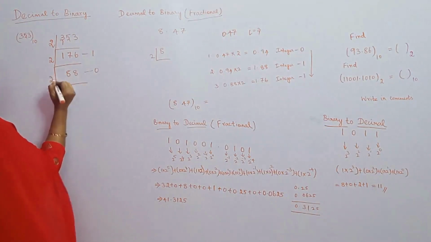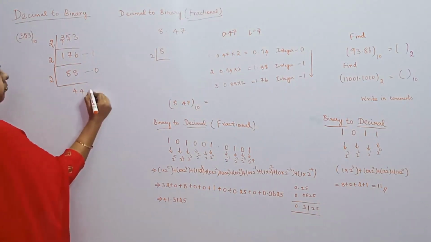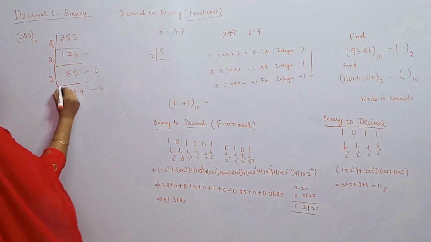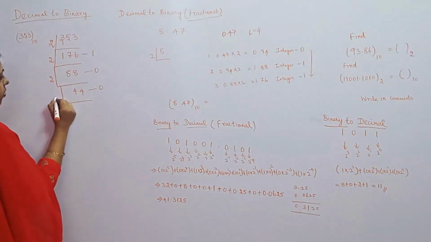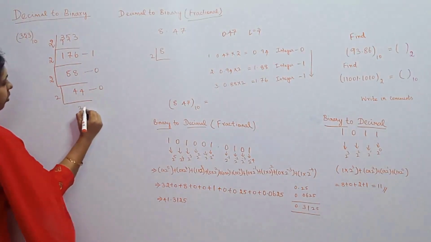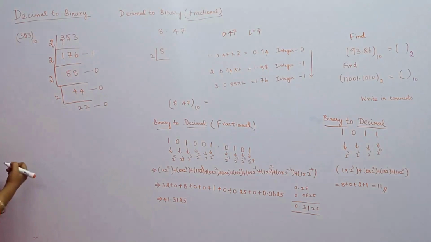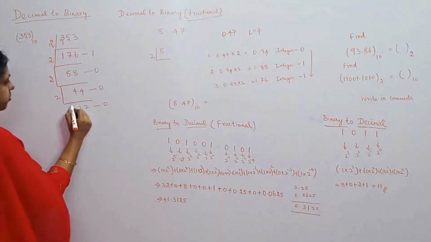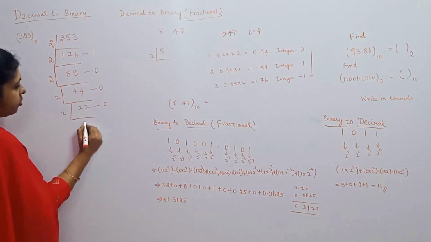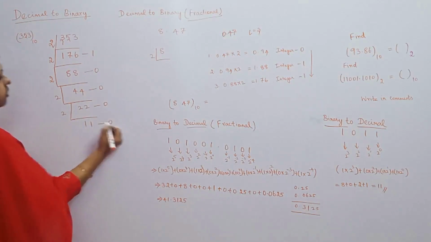Again dividing by 2, 44, remainder 0. Again 2, 22, remainder 0. Again dividing by 2, 11, remainder 0.